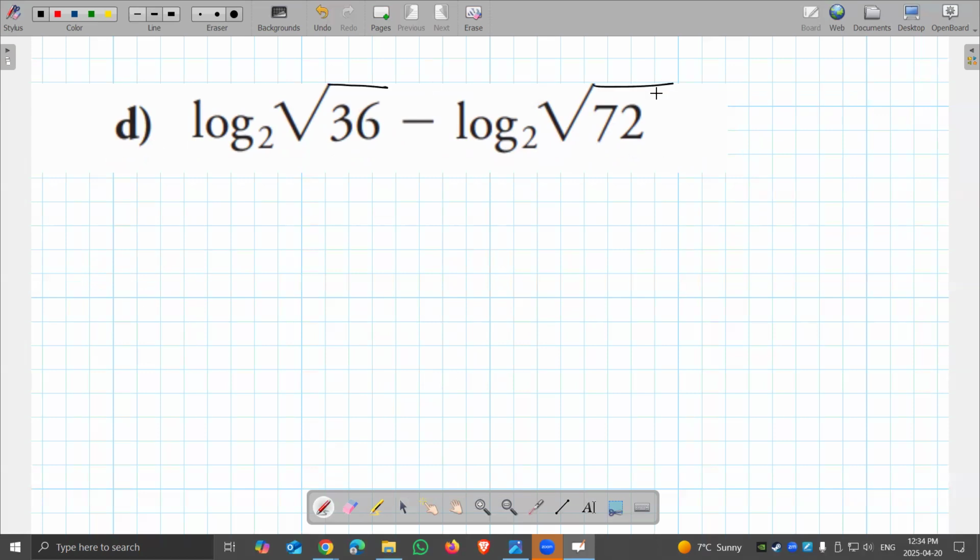We need to clean this up. So the final answer would probably be one number with no logs or anything. So which law would you use here? The power law. The power law you want to use? Okay, yeah, sure, let's do it. So if you use the power law, what happens?